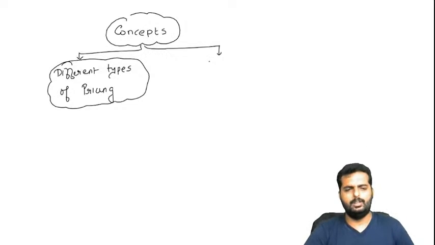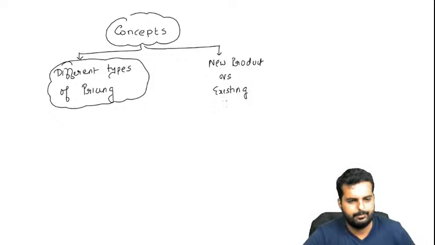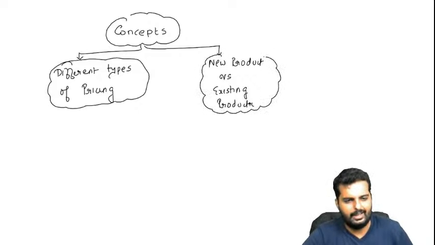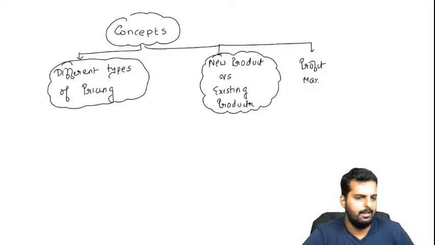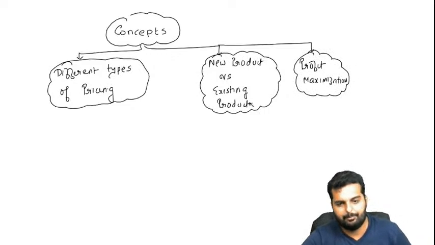Okay, fine. Let me not put it that way. Let me give it as new product versus existing product. There is one more thing that we have to learn later on, which is profit maximization. This one is something exclusively to new, so we will do it in depth.